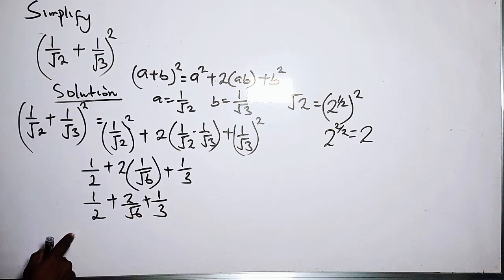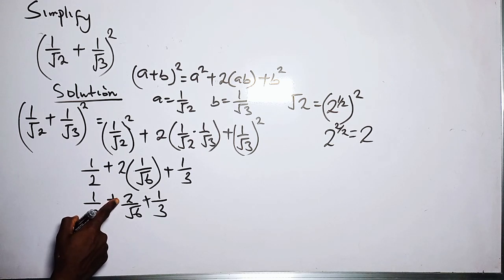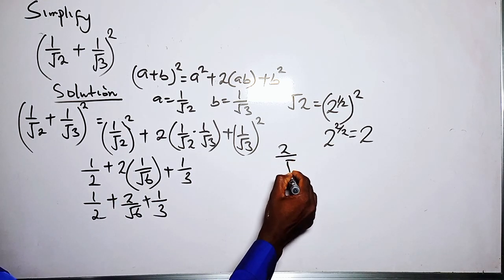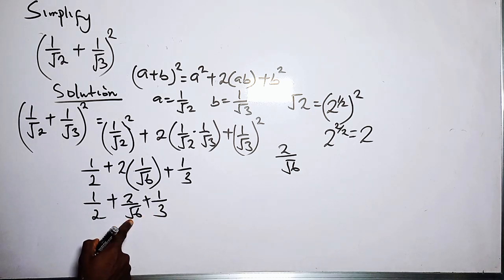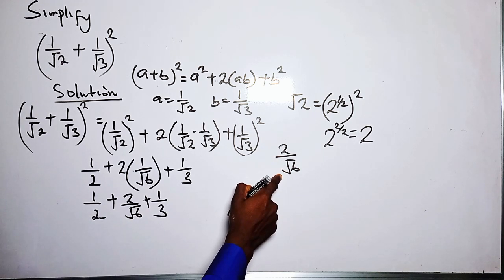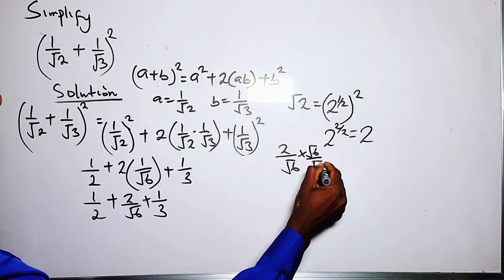When we look at this, let's start with 2 over root 6. To eliminate the root, we rationalize by multiplying by root 6 over root 6.